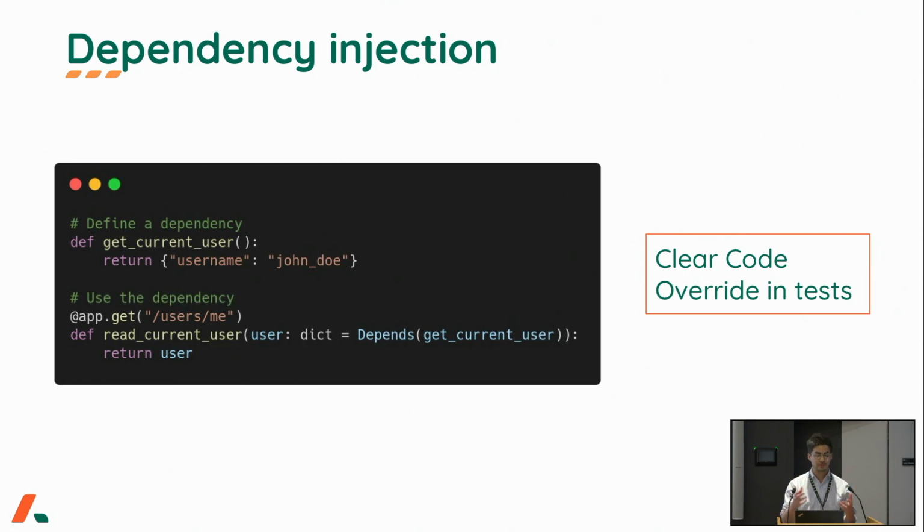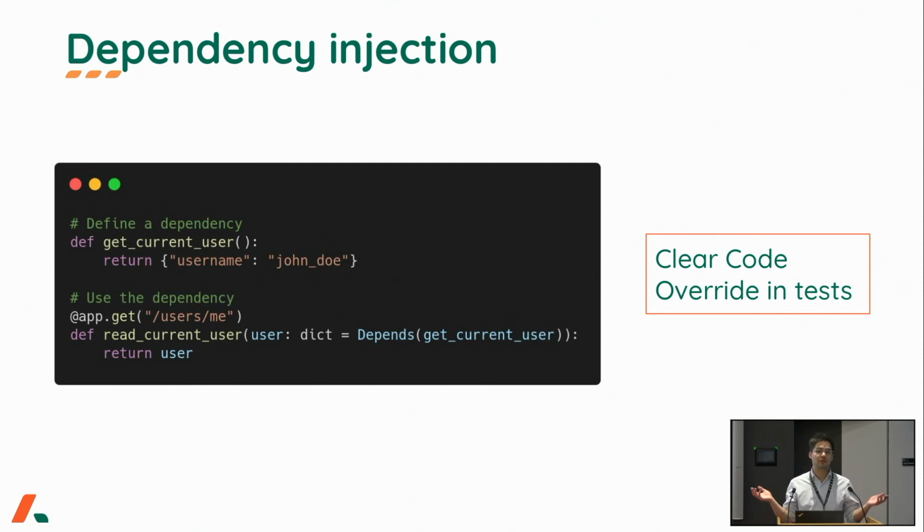If I'm trying to read the current user, I will have only one parameter, the user, and this user depends on the getCurrentUser. So this is how you inject a dependency into your route /user/me.